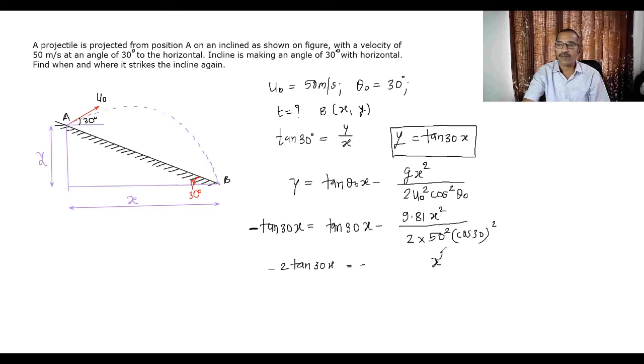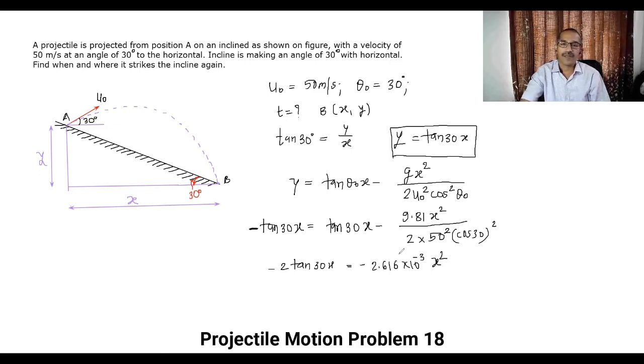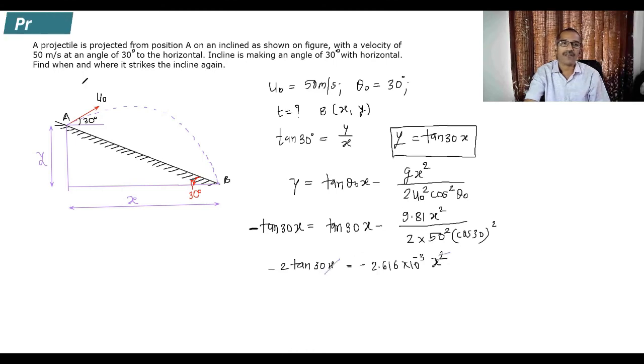This one we will find using a calculator. This value comes out to be 2.616 into 10 raised to minus 3. Now you can cancel one term here. The x term and the x square term will cancel, so that you get a direct value of x.